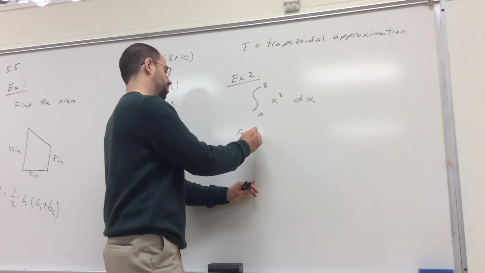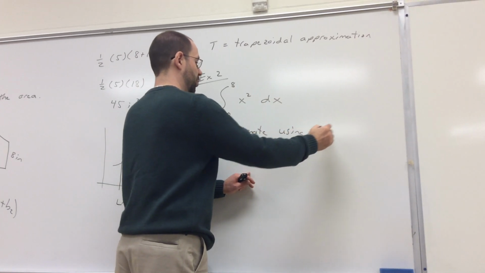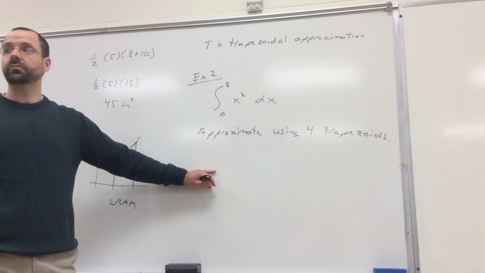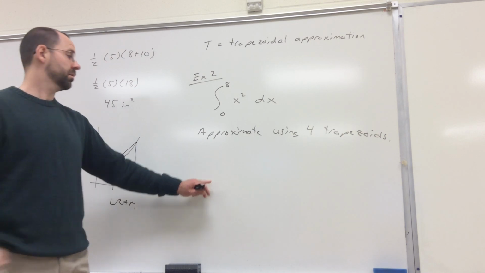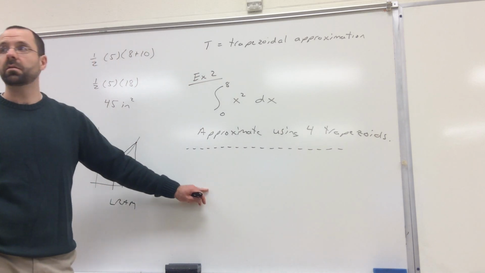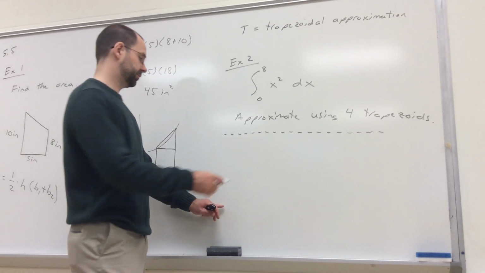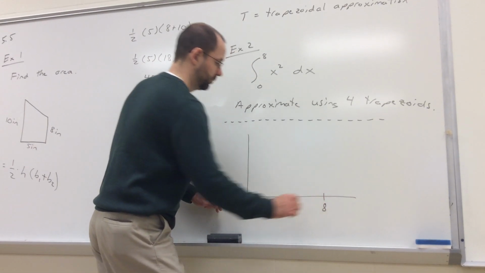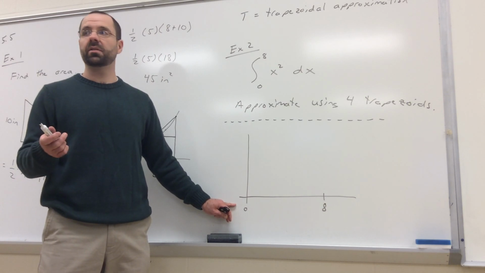So the directions are going to say approximate using 4 trapezoids. Okay, so I'm going from 0 to 8.